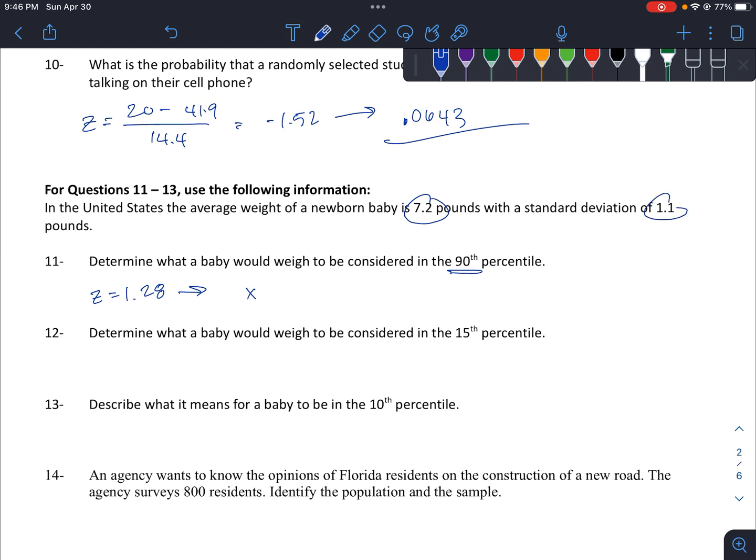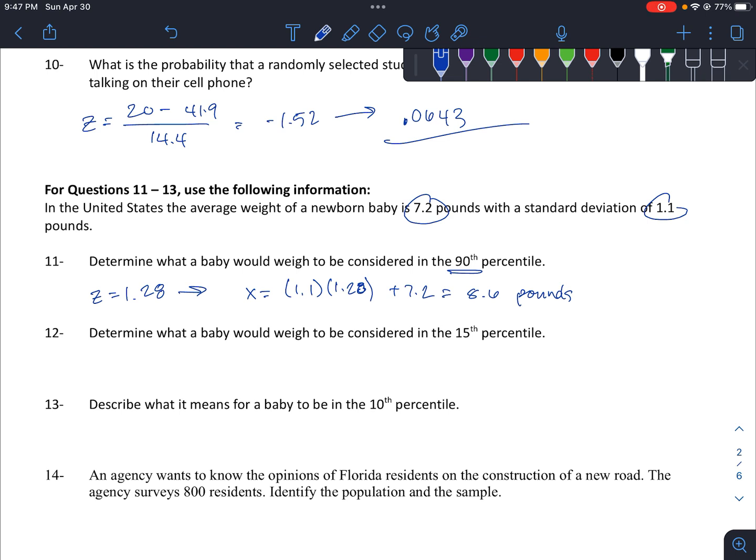So x is equal to the standard deviation, which is 1.1, multiplied by our z-score, 1.28, and then we add the mean, 7.2. When I do that, I get 8.6 pounds. So a baby in the 90th percentile would weigh 8.6 pounds.